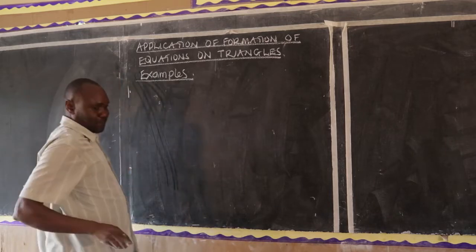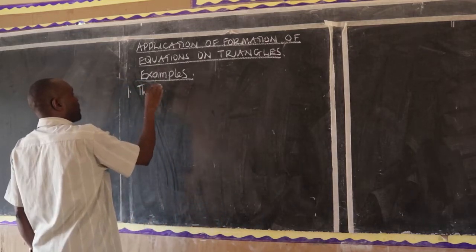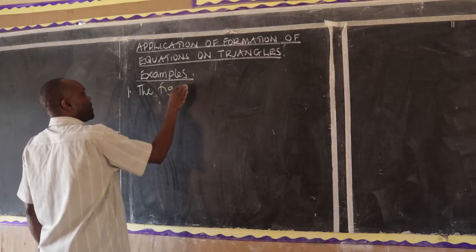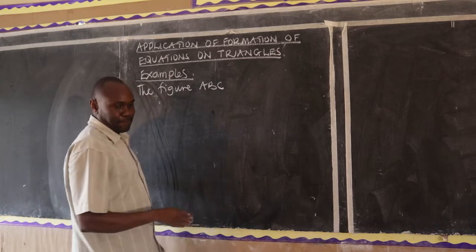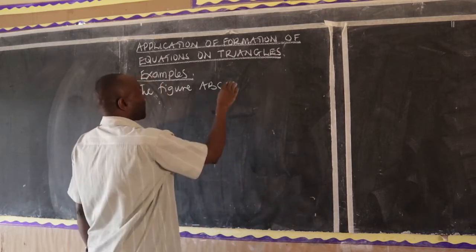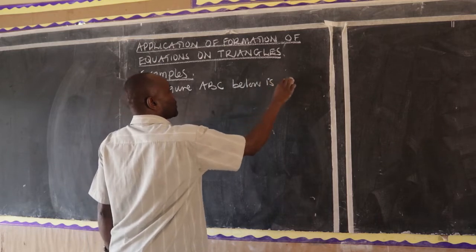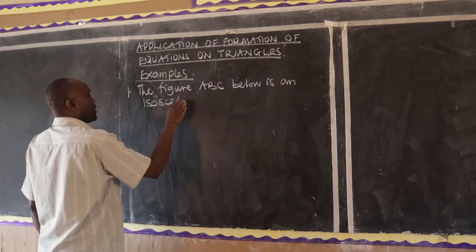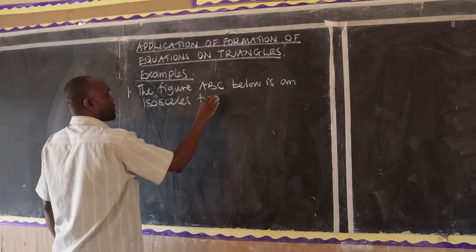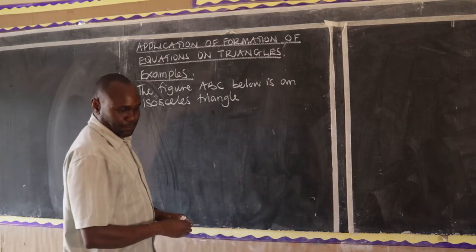Number 1. The figure ABC below is an isosceles triangle.